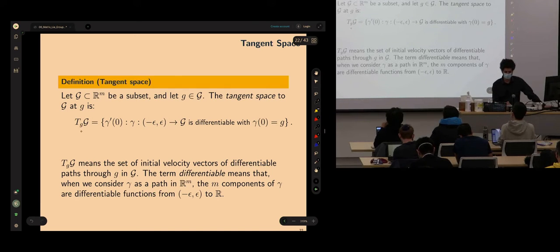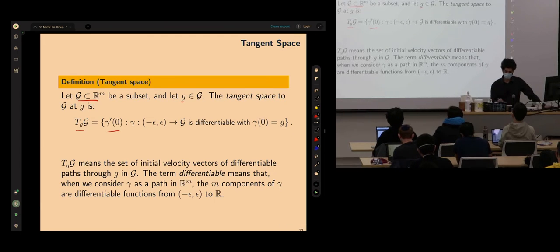But all I'm saying is that if I have a subset G of a Euclidean space, its tangent space at a particular point is the set of all initial velocities, these vectors, we call it V, for a path that goes through that point.